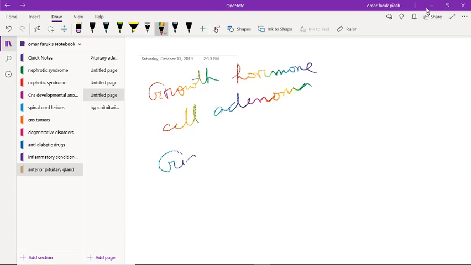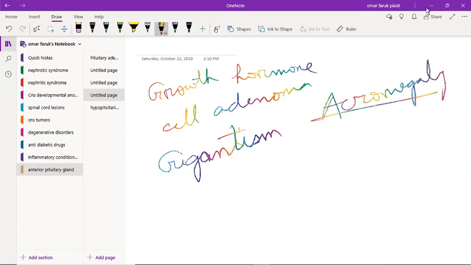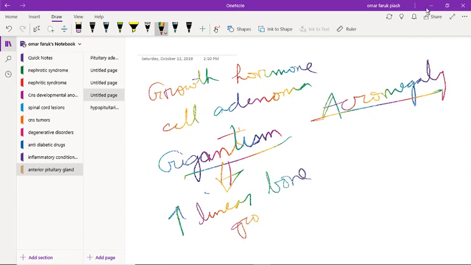If it happens in adults, it is called acromegaly. Acromegaly for adults, gigantism for children. In gigantism, there is increased linear bone growth, and the epiphyses are not fused.